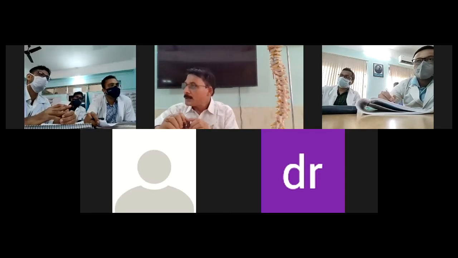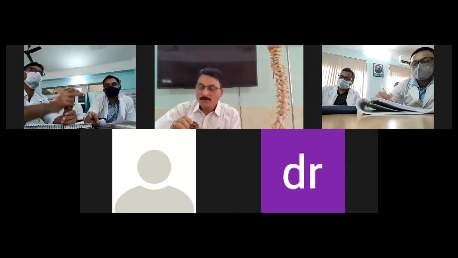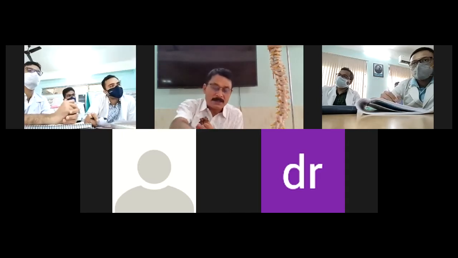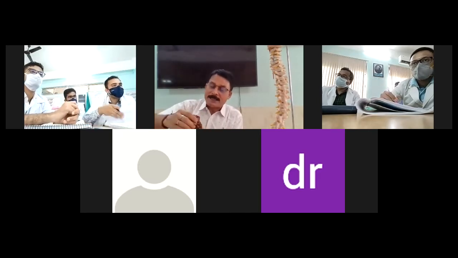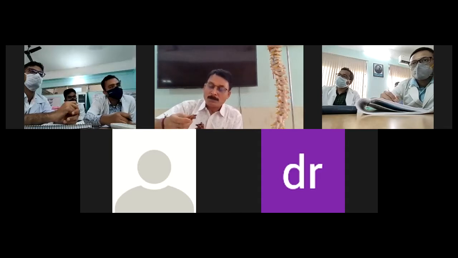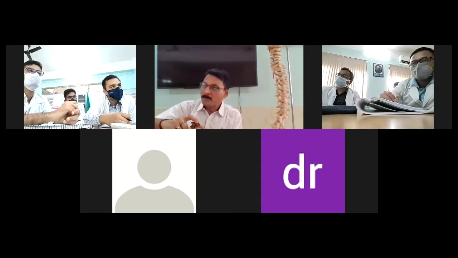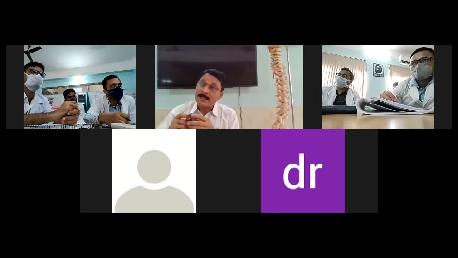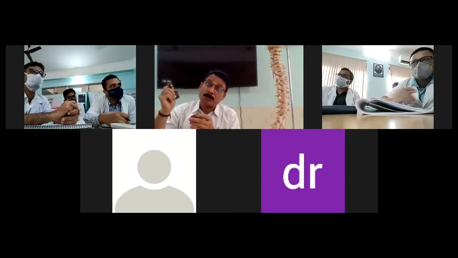Supposing these are the two vertebrae here, if it is compressed like this, what is going to happen? At one point of time, there may be a fracture in this inferior part. Is that a good sign or bad sign? That is a bad sign. That indicates that there is distraction posteriorly also.